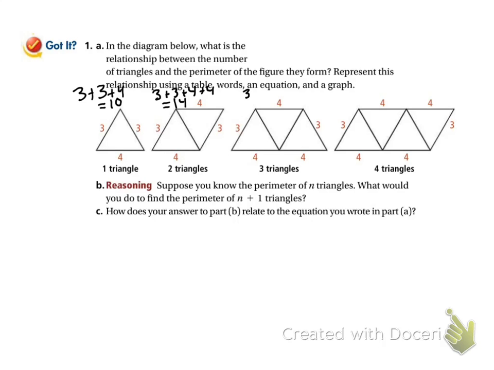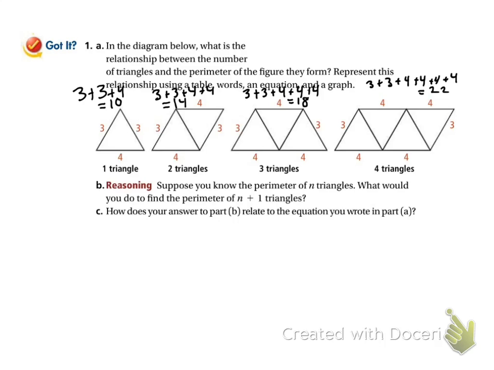We've got 3 plus 3 plus 4 plus 4 plus 4, which is 18. I've got 3 plus 3 plus 4 plus 4 plus 4 plus 4, which gives me 22.